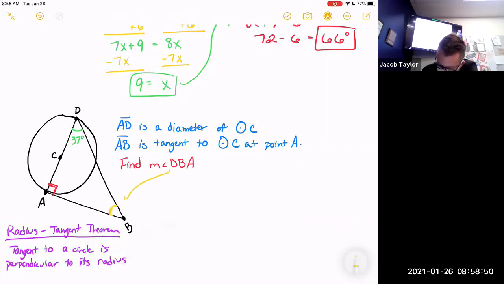You just take 90 plus 37 and subtract that from 180. Take the 90 and 37, which is 127, and subtract it from 180, which is 53.